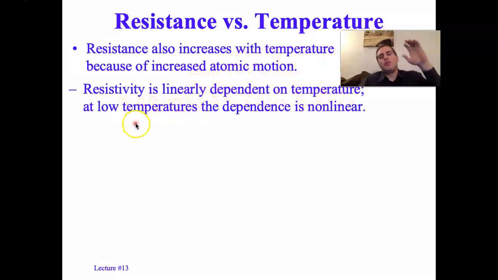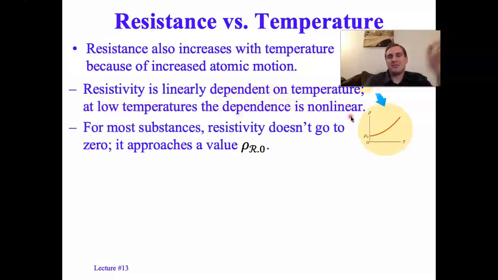Usually resistivities on those tables I showed you before are for particular temperatures, or we just assume they're constant in this class. But resistivity does depend upon temperature in reality, and it turns out at low temperatures the dependence is nonlinear. So let's have a look at this.